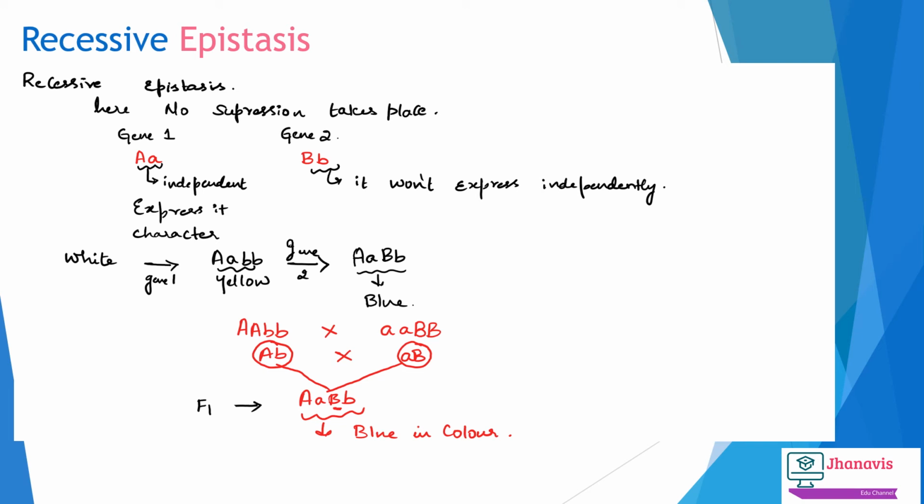cannot express its character until and unless it is associated with gene 1. So here, even though dominant A is present, it won't exhibit its character, but gene 2, the capital B which is present, suppresses the character of gene 1, that is the capital A. So the capital B will suppress the character of the capital A and express its character.